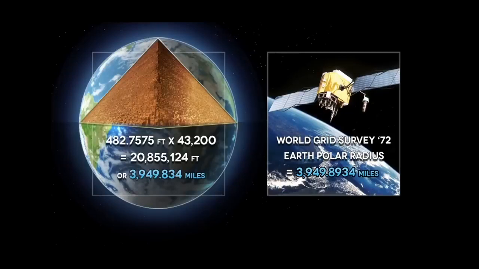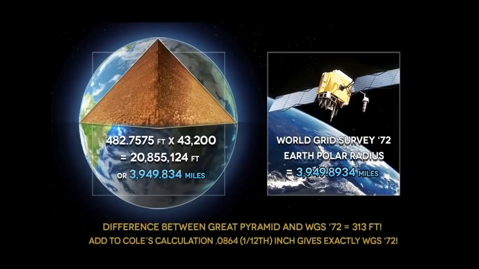If we multiply the height of the pyramid by that number, this is what we come out with, 3,949.83 miles. And notice the difference between the pyramid, which I call the standard polar radius, and World Grid System 72 is only 313 feet over the entire size of the Earth.